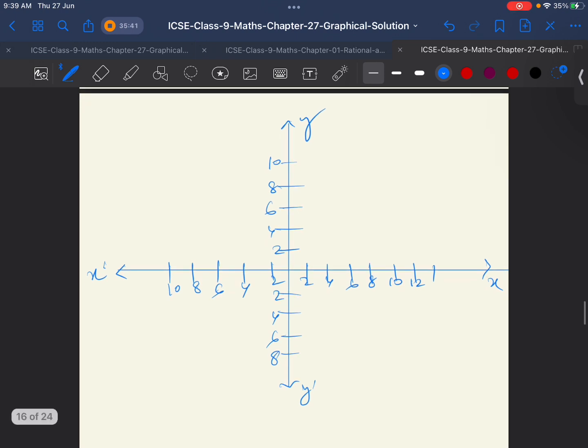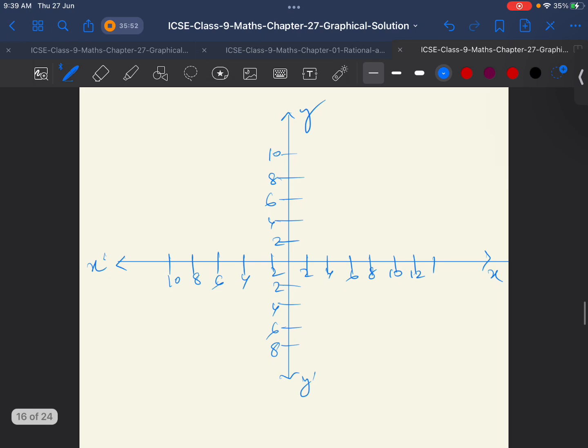Okay, here you see 2 centimeter equals 1 unit on the y-axis and 2 centimeter equals 2 units on the x-axis.